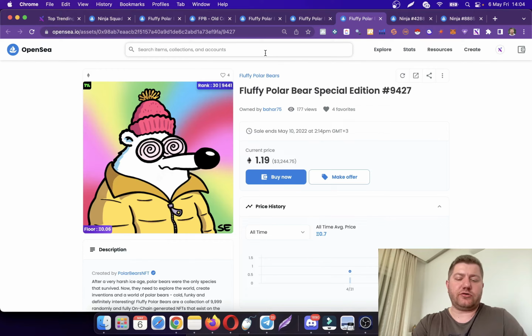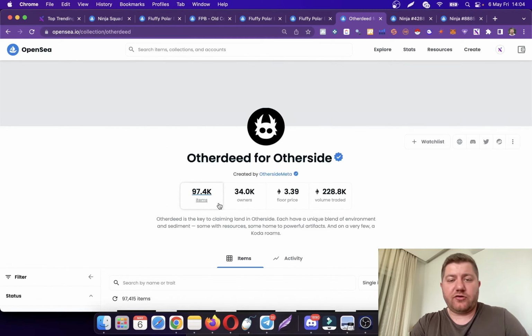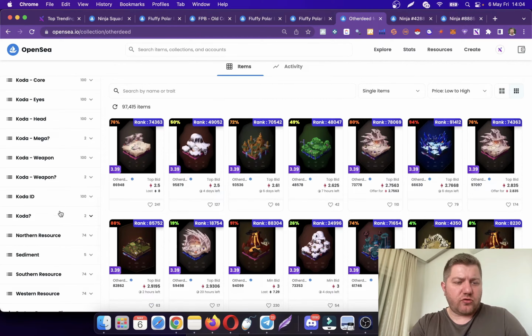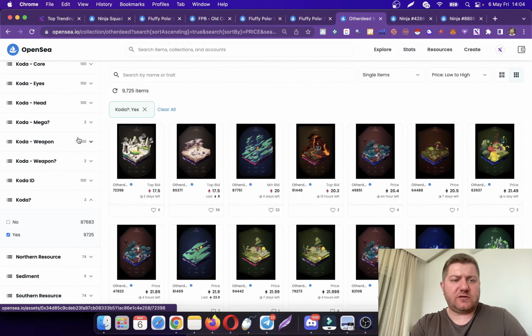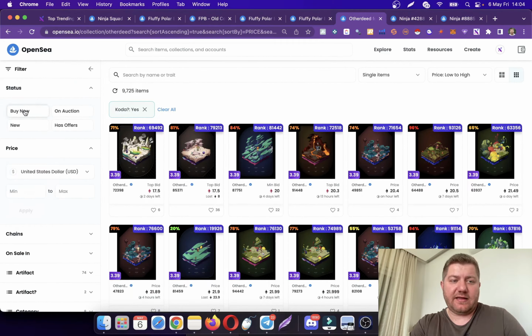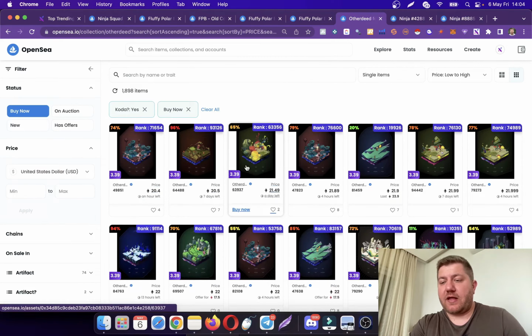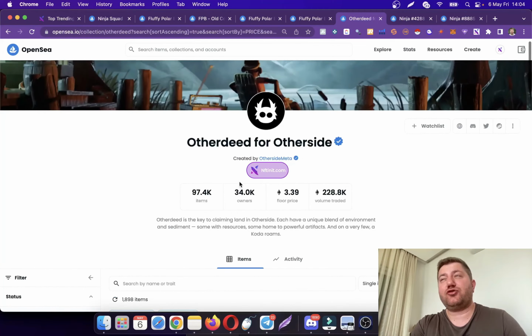However, if you go to, for instance, Otherdeed for Otherside, this is a collection by Yuga Labs. I think I mentioned it. There is a special trait called Koda, and the trait floor of this one is probably high. Let's check it. Yeah, it starts from 20 Ethereum, and many of these NFTs were actually sold for offers, and quite low offers compared to the floor price.